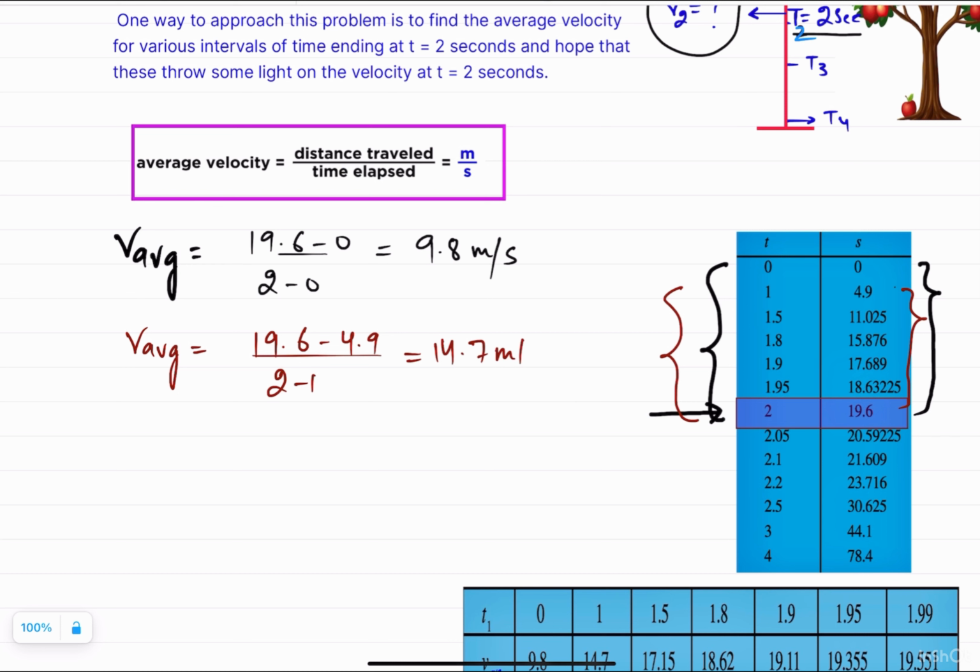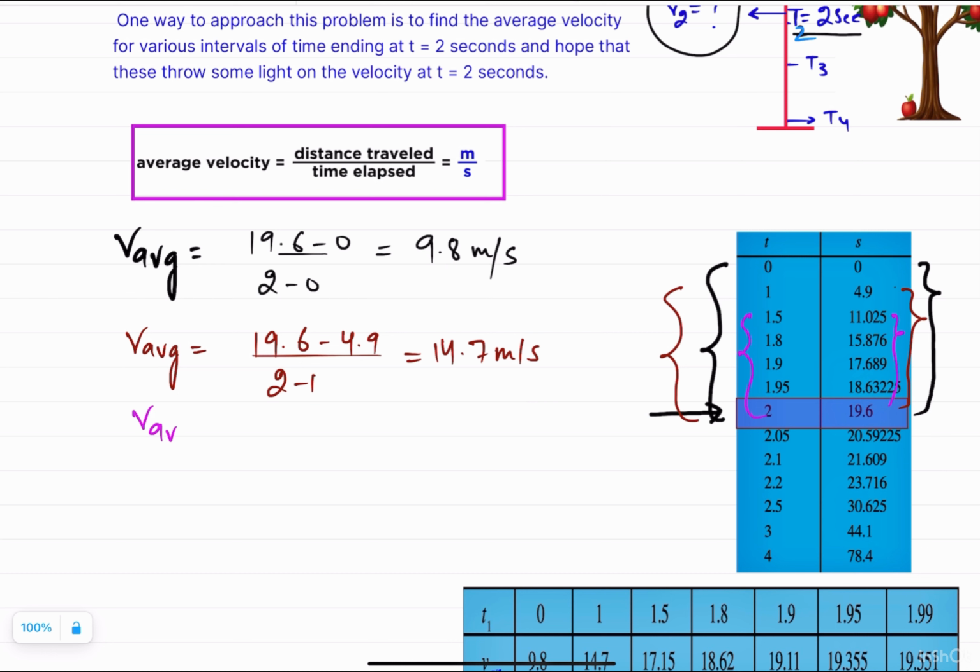14.7 meters per second. Again, if we find the average velocity for the interval 2 and 1.5 seconds, the distances along with it will be 11.025 and 19.6.